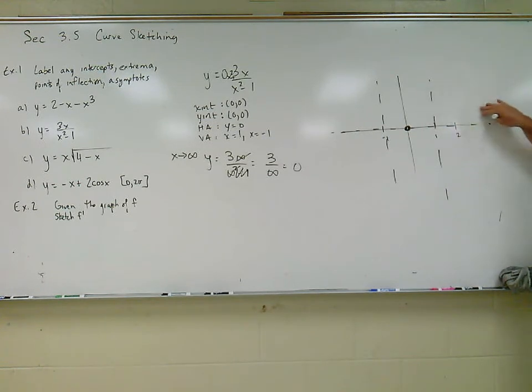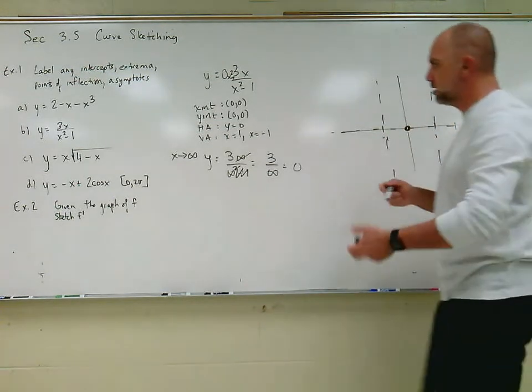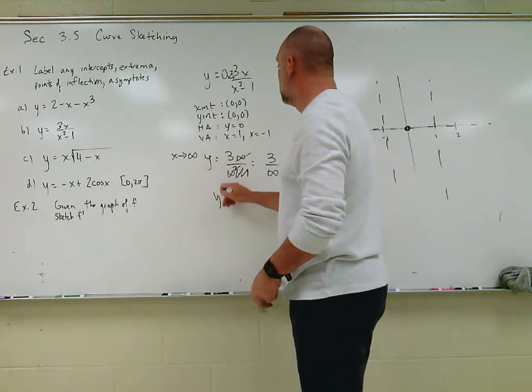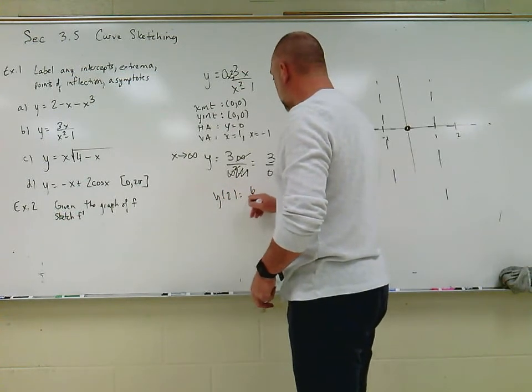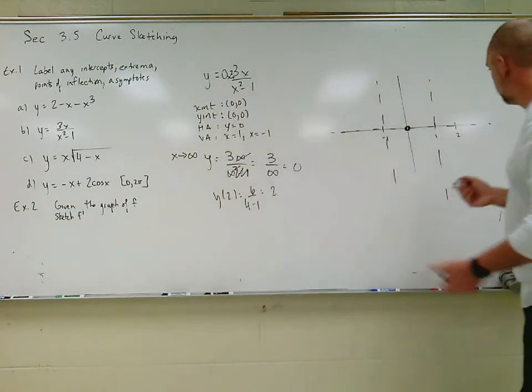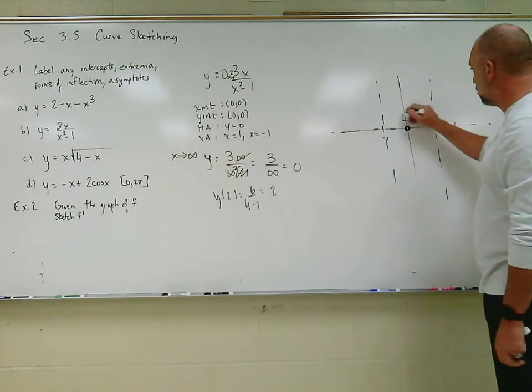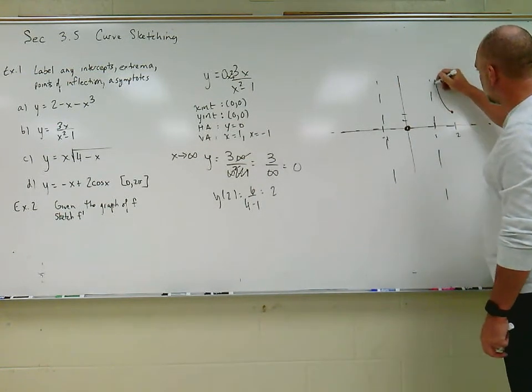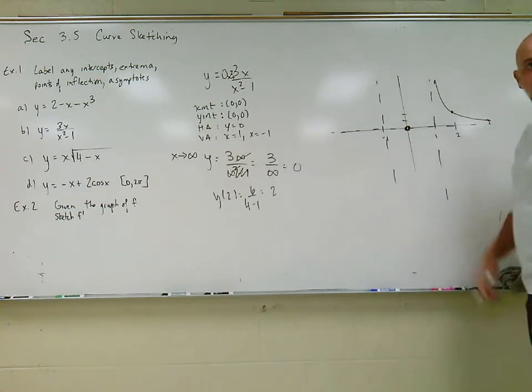The graph is either in this area or in this area because of the asymptotes. So I can plug in a 2 real quick, and I get 6 over 4 minus 1, which is 6 over 3, which is 2. So I have this point (2, 2) over here, which tells me that the graph is in that area, like that.